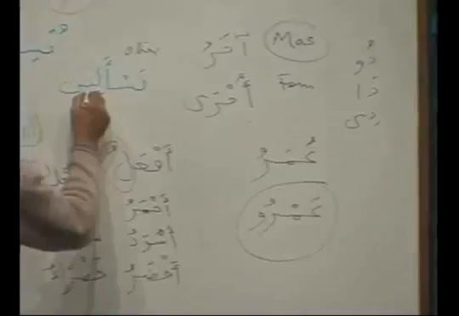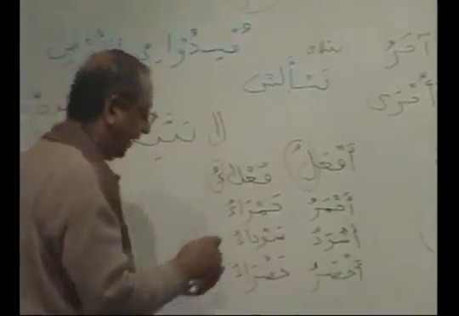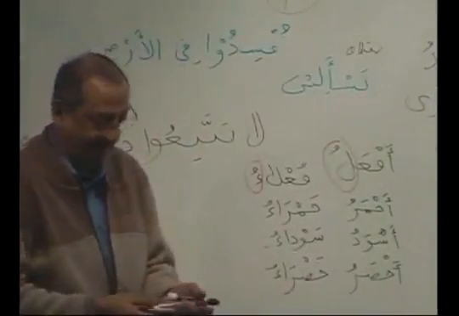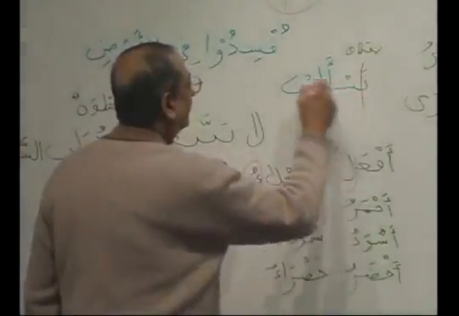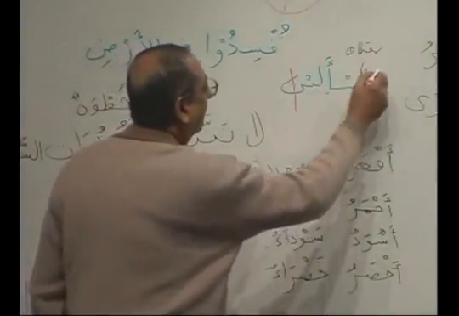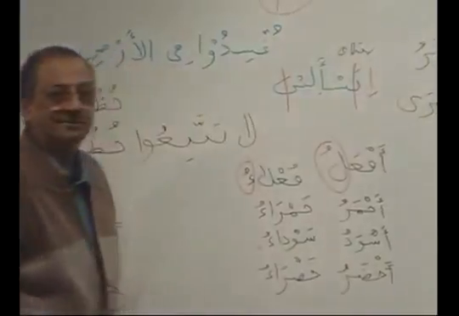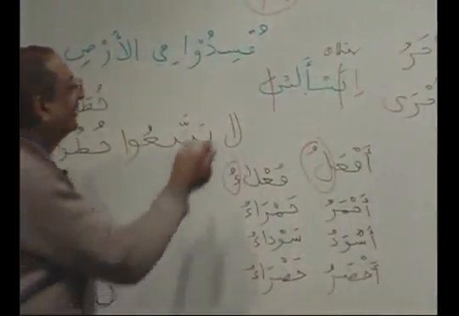Are you with me, brothers and sisters? Where is the file? Ya is the file. What was the original verb form? Tas'alina. Maybe I should write down. Okay, brothers and sisters. How do I make it now amr? So what is this now?